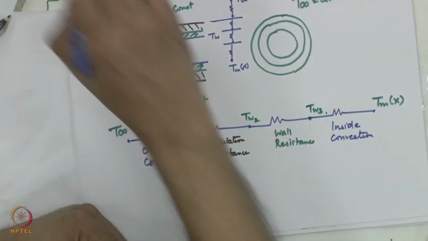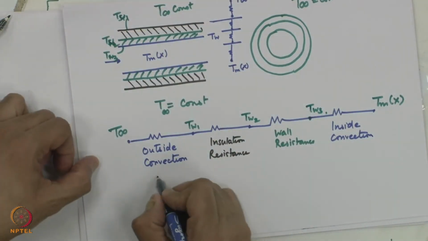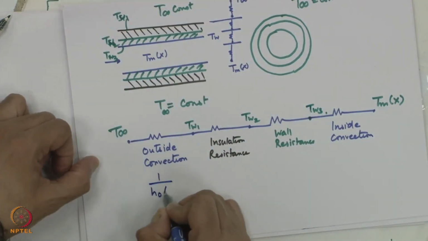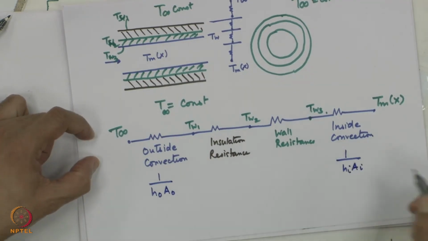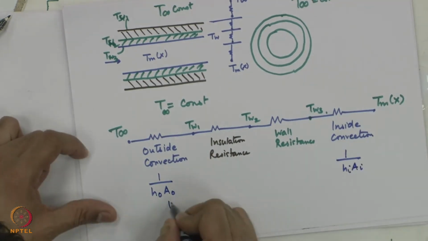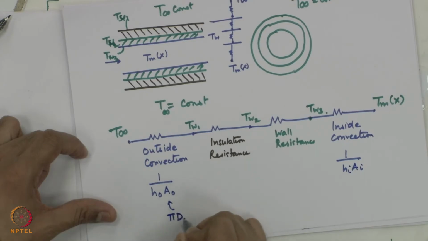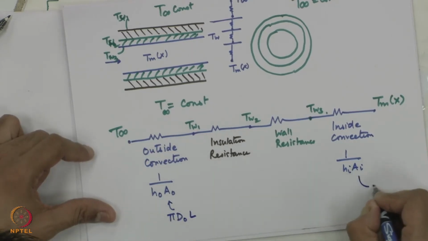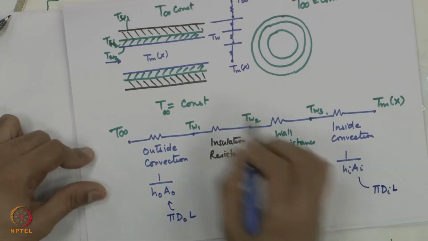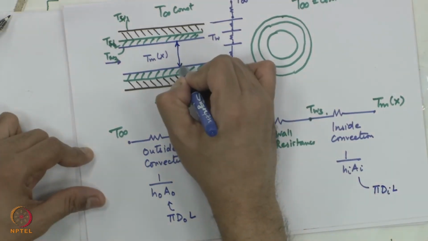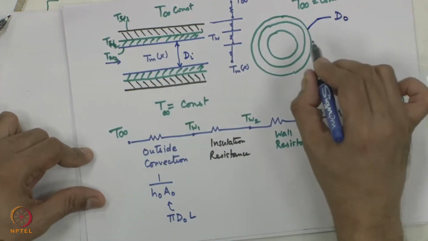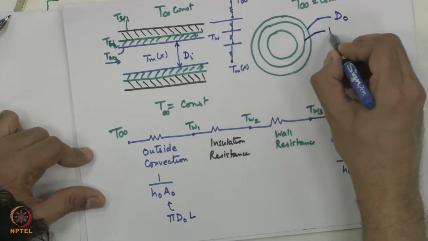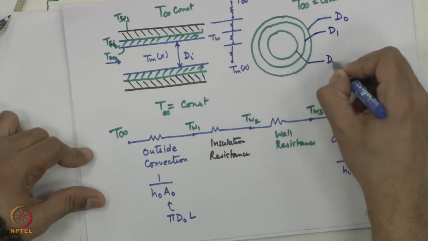What are the resistances like? Resistance for outside convection would be 1 by H naught A naught, this is 1 by H I A I. A naught is pi D naught L, this will be pi D I L, this is my D I and this is my D naught, and this is say D 1 and this is say D 2.